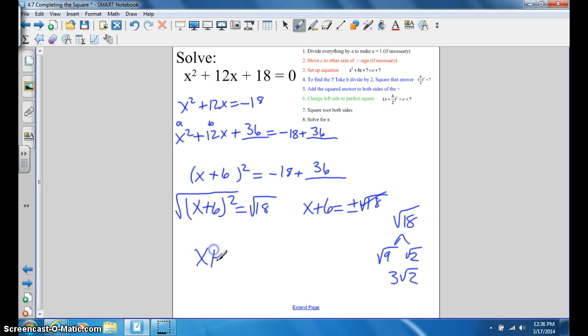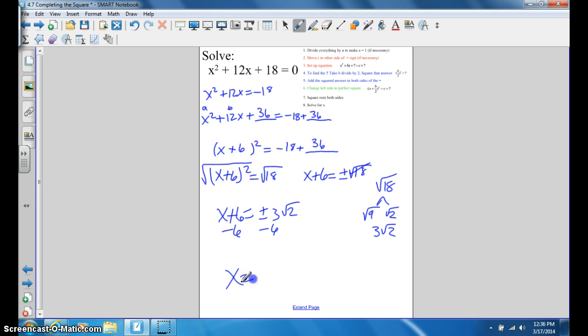So we have x plus 6 equals plus or minus 3 root 2. And then get x all by itself, so you guys subtract 6 from each side. So x equals negative 6 plus or minus 3 root 2. And that's everything for one example.